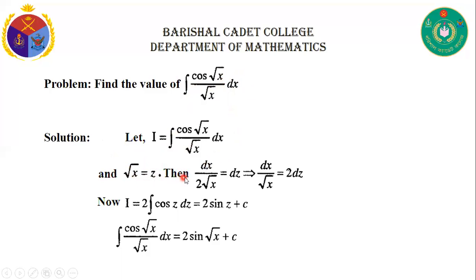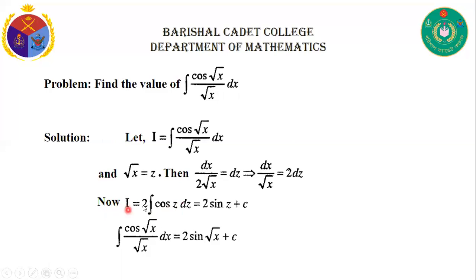So differentiating, we know that dz by dx equal to 1 by 2 root x, or we can write dx by 2 root x equal to dz. Here we have root x and dx, so we have dx by square root of x. So dx by square root of x is 2 dz.